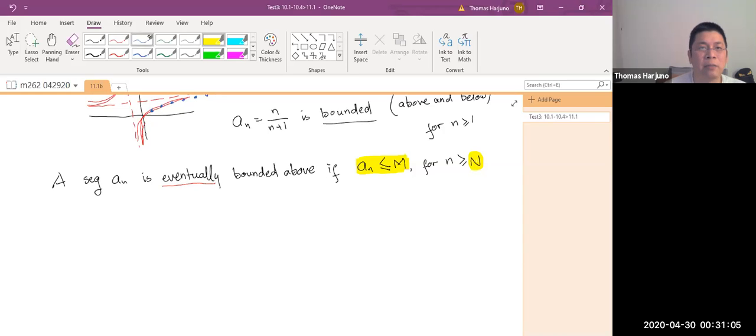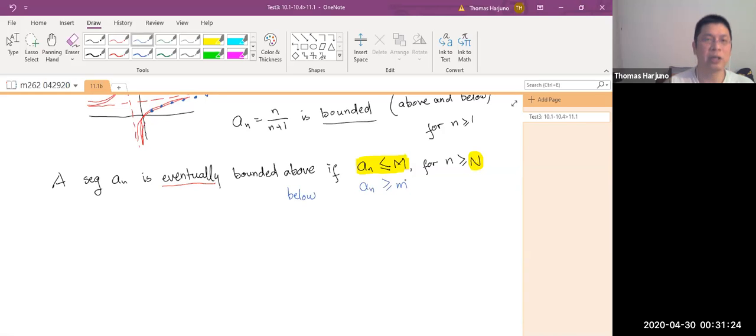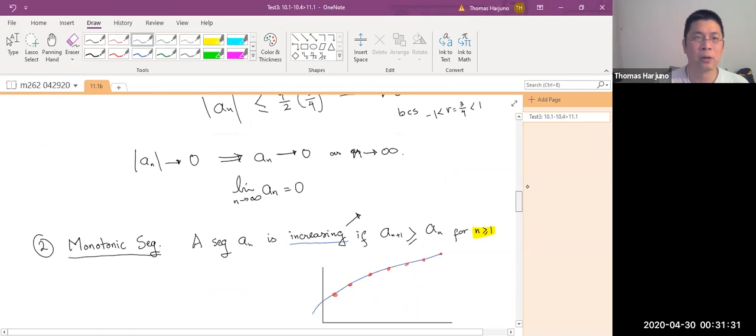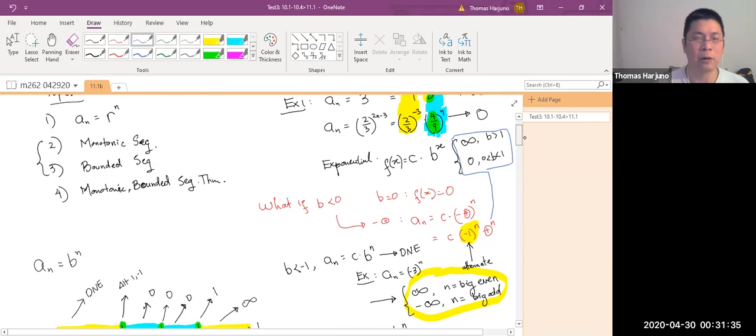Okay, same thing with the word eventually bounded below: if the nth term is greater than or equal to some number for the nth term after that capital N. Now you will see that we just need, in the next theorem, the monotonic bounded sequence theorem.